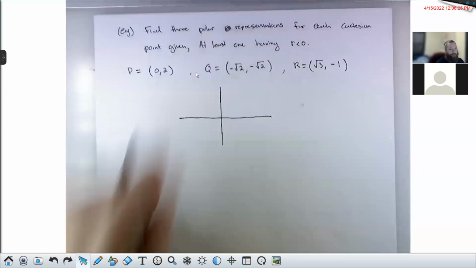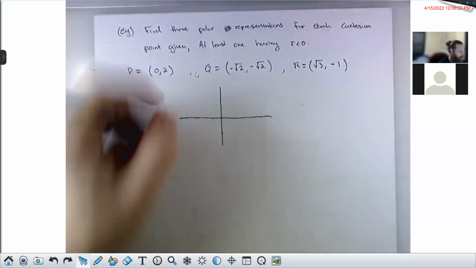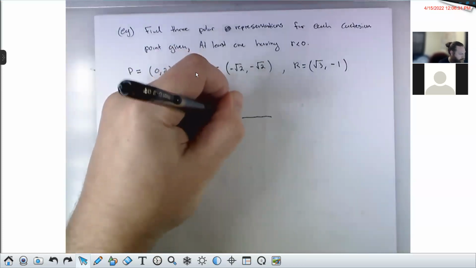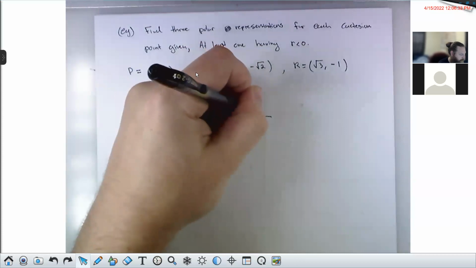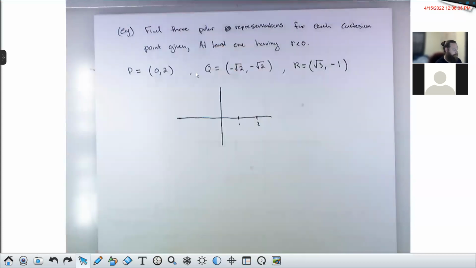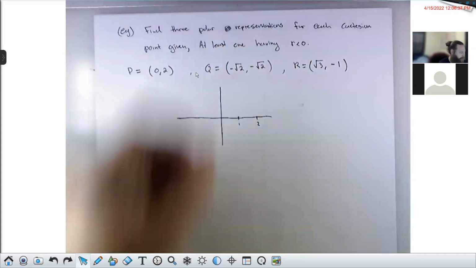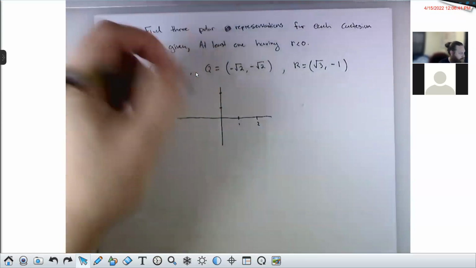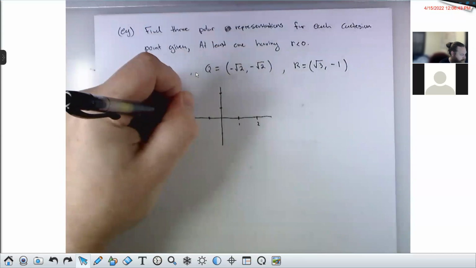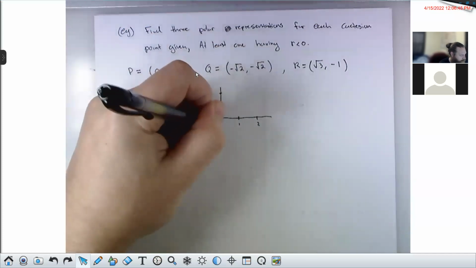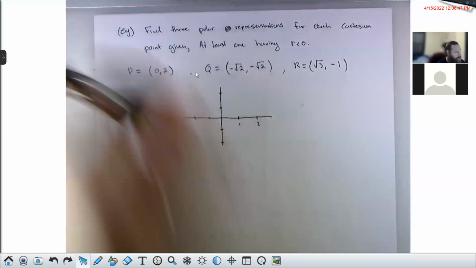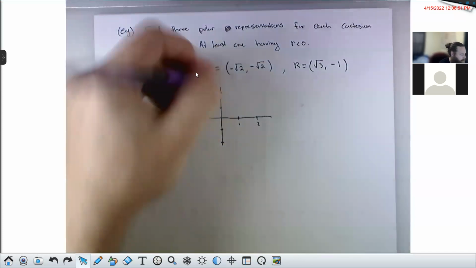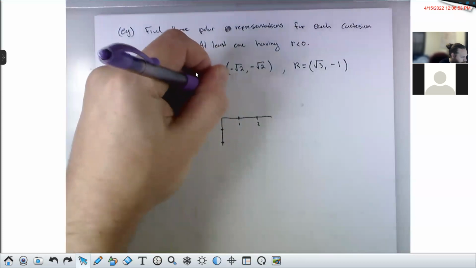So I'll mark off here, how about 1 and 2, 1 and 2, something like that. -1 and 2, something like this. The point P is at 0, 2 in Cartesian coordinates, so P is right here.